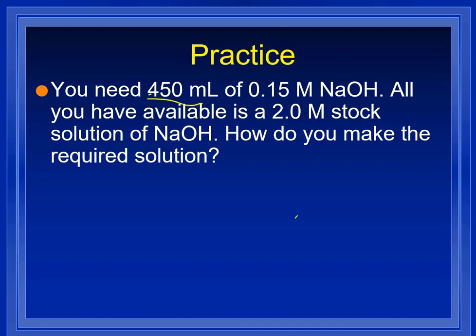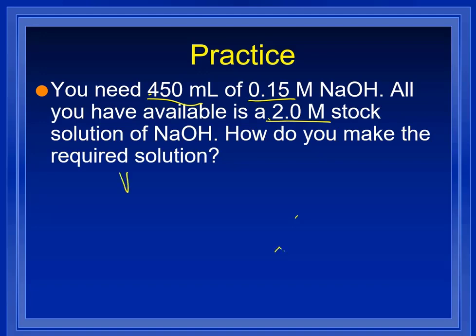So if I have 450 milliliters of a 0.15 molar NaOH, and all I have is a 2 molar stock solution, how do you make the required solution? Well, I got 2 molarities and 1 volume, so I'll be able to find the second volume. Everybody okay with that?